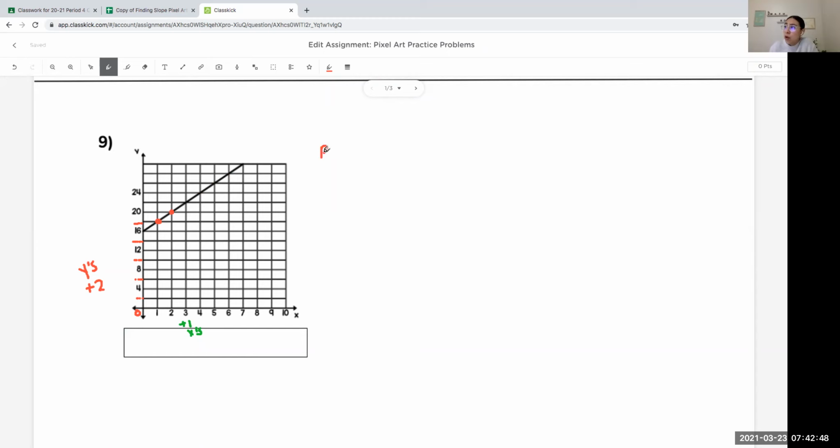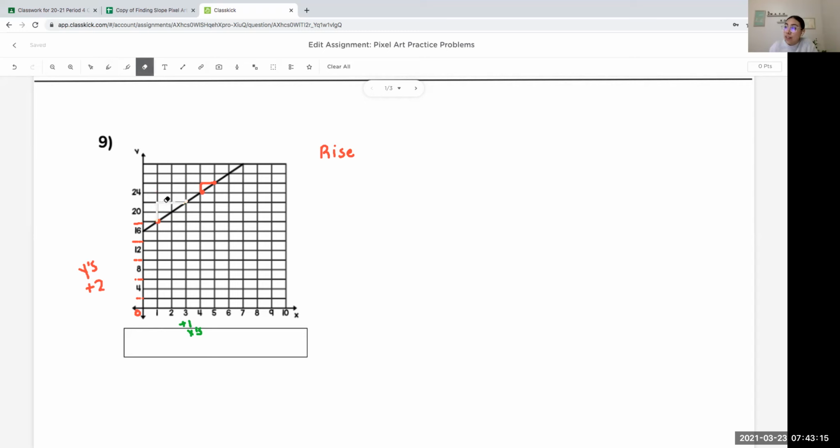Okay, remember, we want our rise. No, they don't have to be close. That's what our slope triangles were all about. You can make a bigger triangle. See, I can make this bigger triangle, or I can make a smaller triangle. When you have a bigger triangle, though, we have to simplify a fraction, which simplifying isn't too bad.